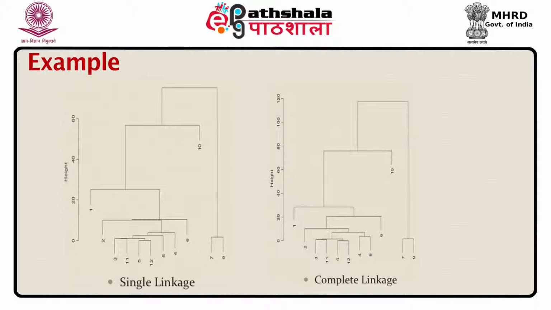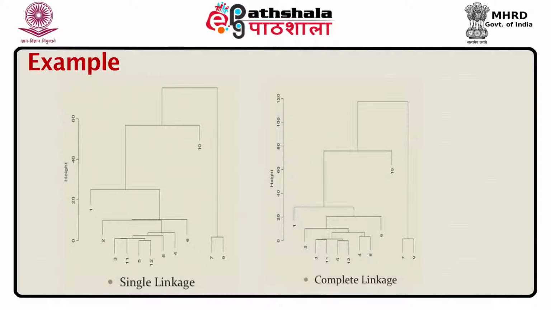Whereas in the complete linkage method, the 8th and the 4th individual actually merge together before they merge with the remaining 4, the 3rd, the 11th, the 5th and the 12th member. So using different types of cluster distances can give you slightly different clusters.